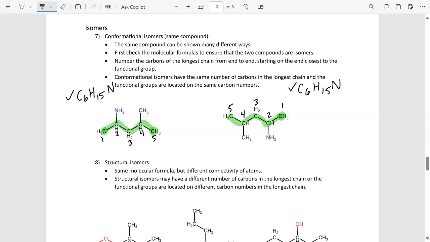So notice how in both examples the longest carbon chain is 5 carbons. And on carbon number 2, there's the nitrogen.